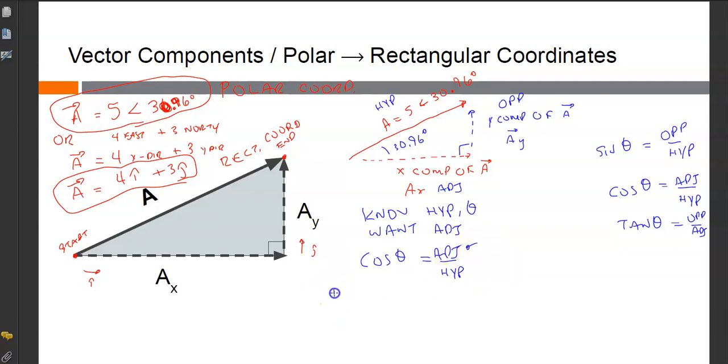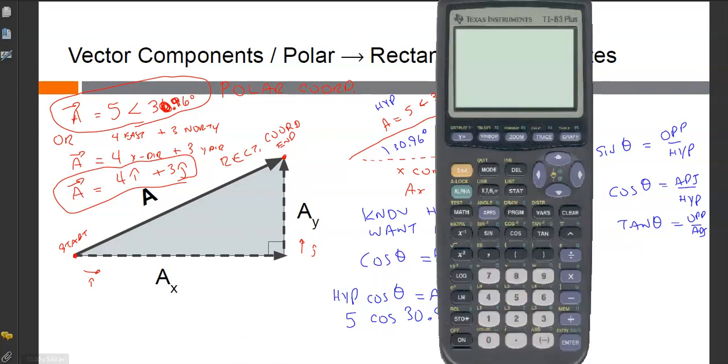Let's just multiply both sides by the hypotenuse, and I'll have the length of the adjacent, and I'm interested in that because that is A sub x. And so right here, my magnitude of the hypotenuse was 5 times the cosine of 30.96. That is A sub x, and my calculator knows what to do with that.